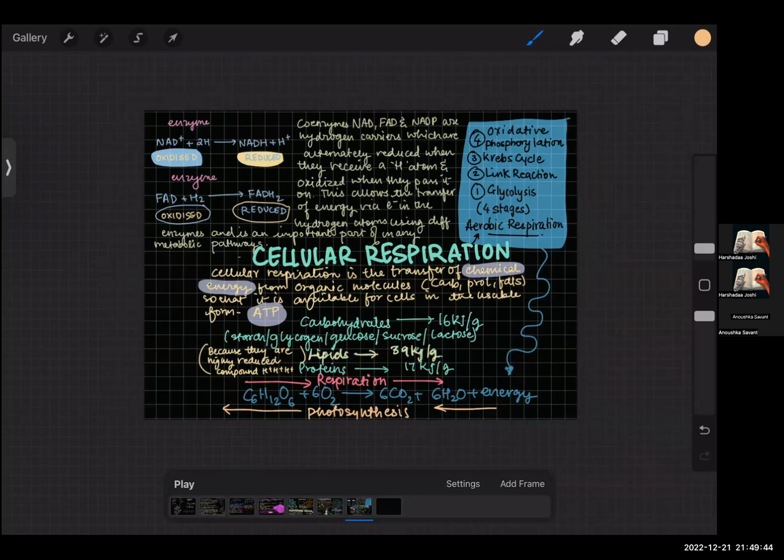Now comes glycolysis, and after studying this your brain gets fried, because it is actually difficult to remember, okay? But if you do 4-5 questions, then you will find it much easier to deal with.